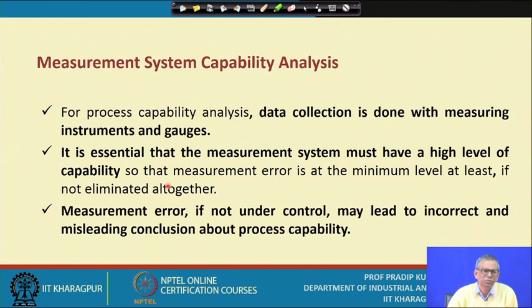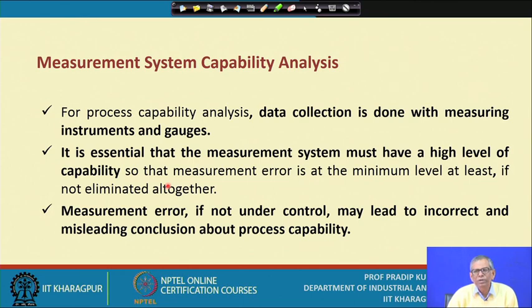That means there cannot be any situation where you do not look into the quality of the measuring instruments. You have always been looking into the quality of the processes you deal with, and you expect very good quality output.